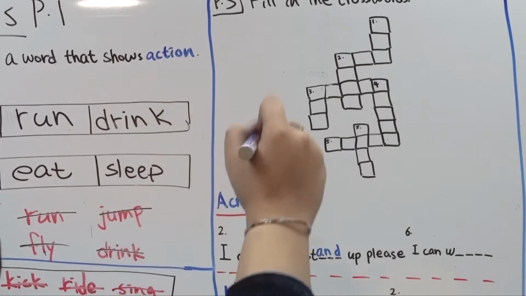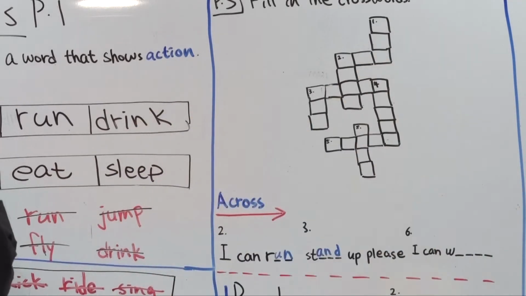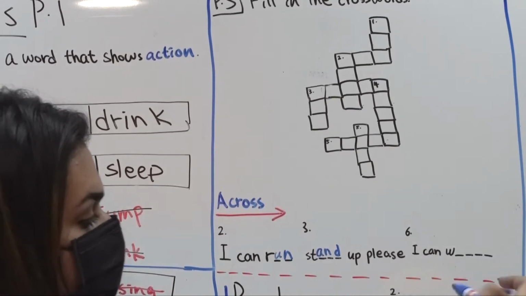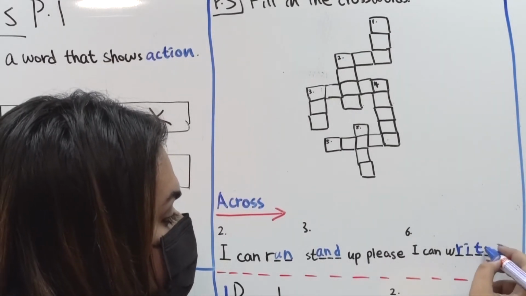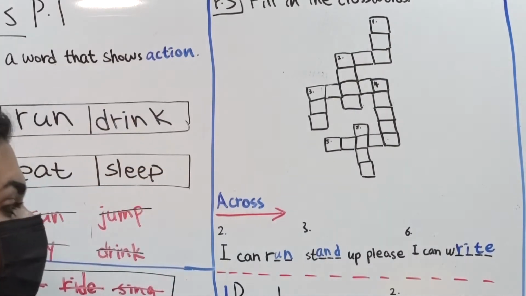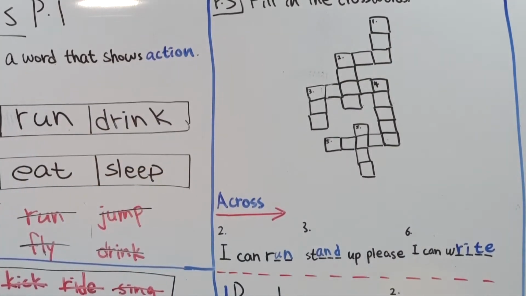What can you do on a paper? You can write on a paper, right? So the action verb for this picture is write. So how do we spell write? W and then R-I-T-E. Okay, this is how we fill in the blanks.